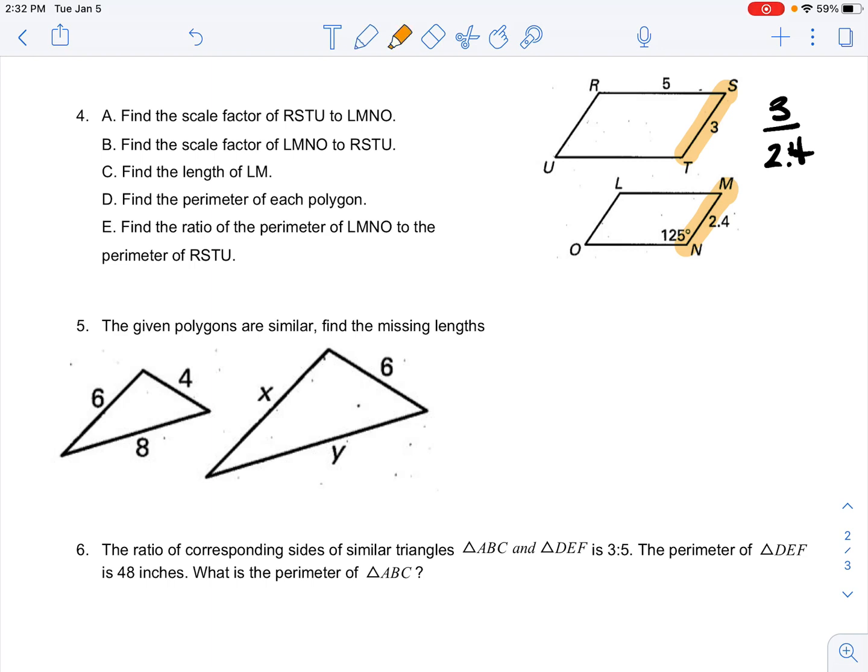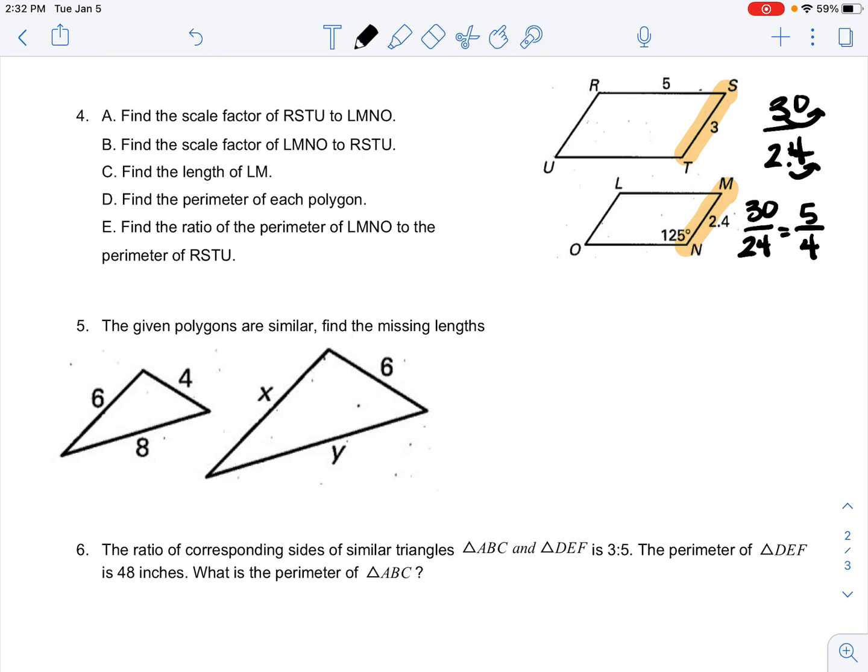Well, we didn't know LM in order to determine its scale factor. Let's reduce this. So we're going to move our decimal over. This is 30/24. And 6 goes into both. 6 goes into 30 5 times. 6 goes into 24 4 times.